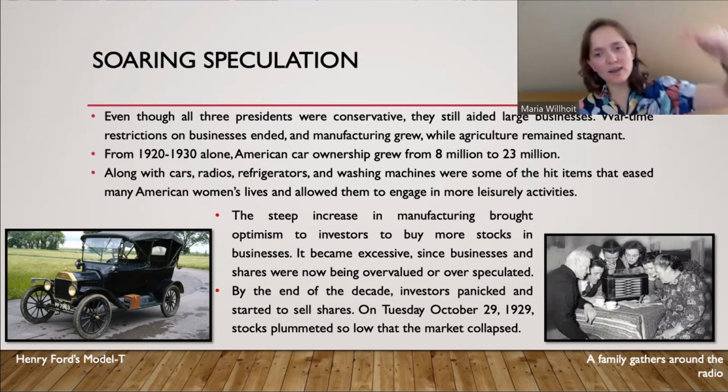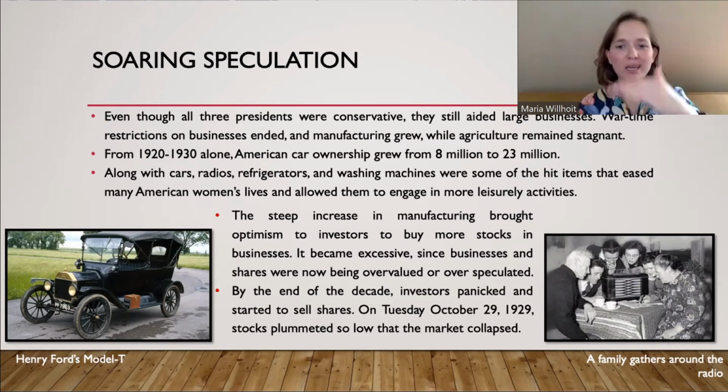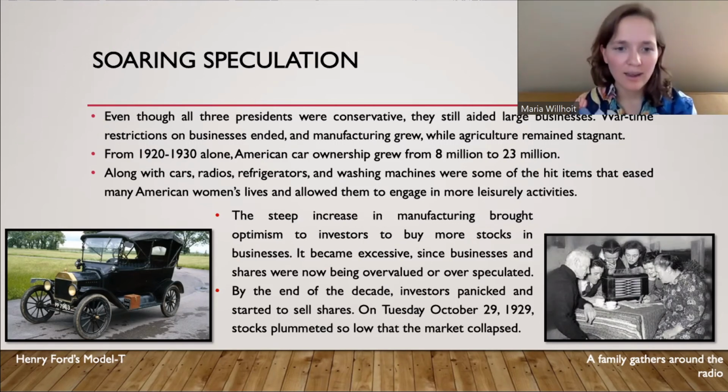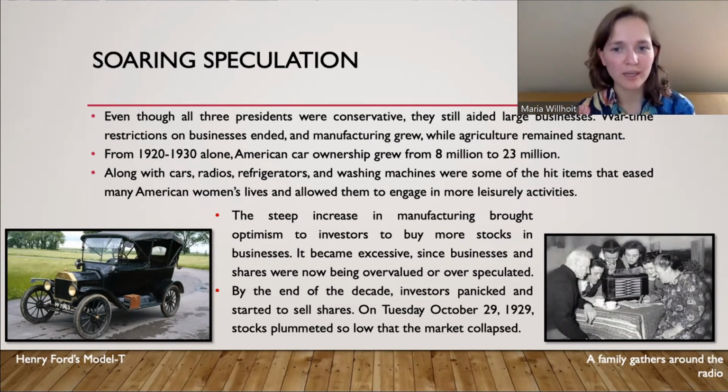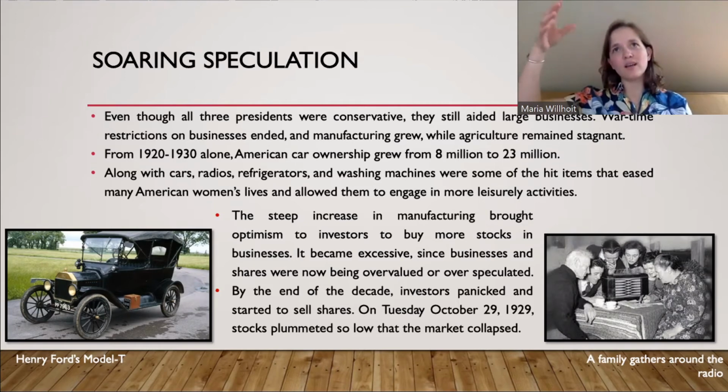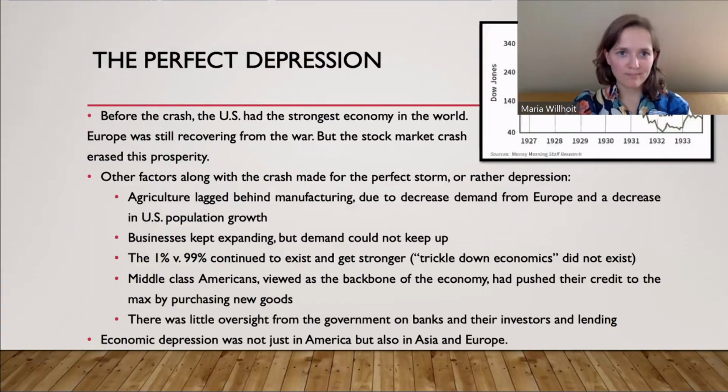And it hits a turning point on October 29th, 1929. The stocks plummet so low because so many investors are pulling out and the market collapses. And we call this Black Tuesday, actually, Tuesday, October 29th. And this is really the event that starts the Great Depression.